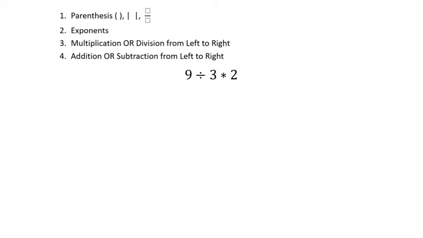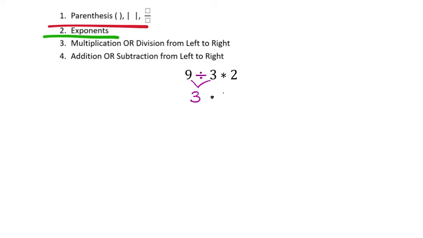Just looking at the order, though, there is no parentheses. There is no exponent, so that brings us to multiplication or division from left to right. So I scan this problem starting with the 9 on the left and go to the right. And what's the first operation I see? It's division. That's okay that we see division first, but if I see it first in scanning, I need to do it first. 9 divided by 3 is 3.